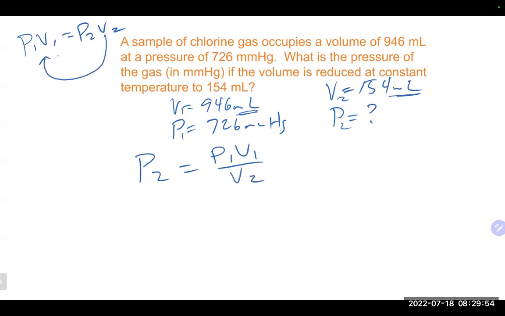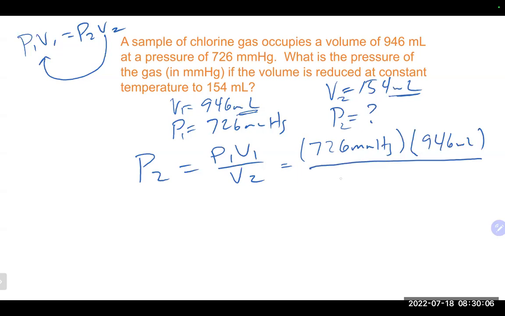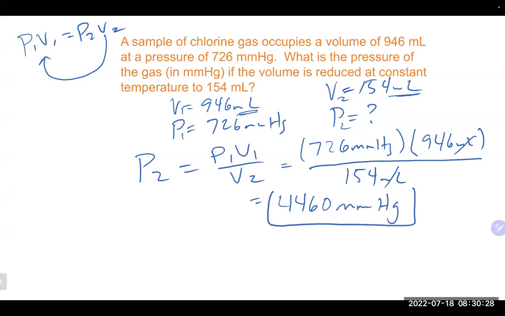Putting in our values gives 726 millimeters of mercury times 946 milliliters divided by 154 milliliters. Milliliters cancel, and we end up with about 4460 millimeters of mercury.